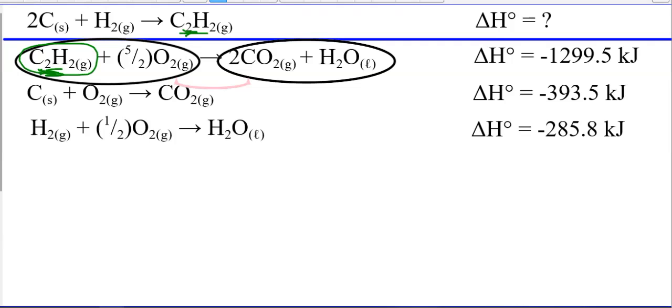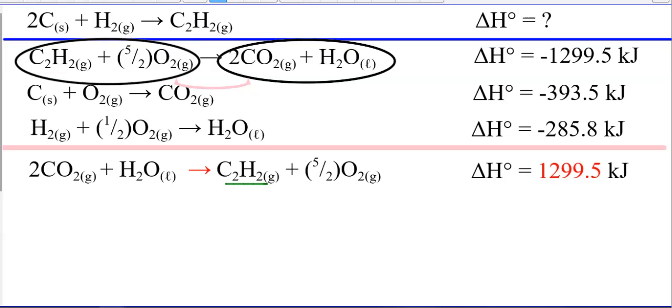And so therefore, what we can do is mathematically just reverse the chemical equation. We can bring both the reactants onto the product side, and we can take both the products onto the reactant side. So in other words, we can mathematically reverse the combustion equation. By doing that, ethine will be on the proper side. So now I have ethine here.